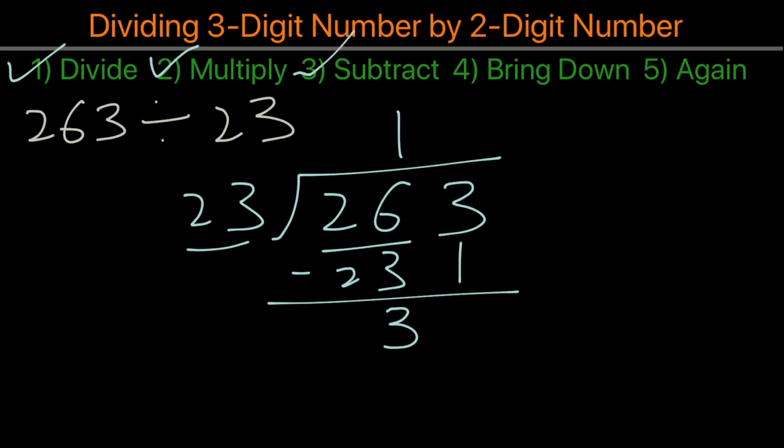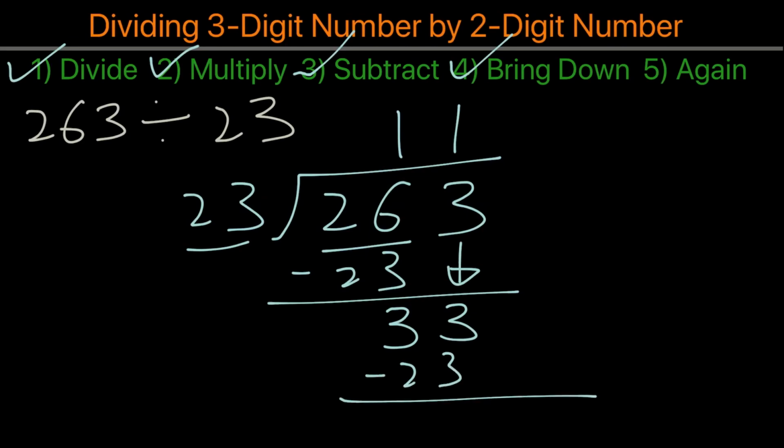Subtraction's done. Now bring down the 3. 23 times 1 is 23. Subtract and it becomes 10. And that's the remainder. So the answer will be 11, remainder of 10.